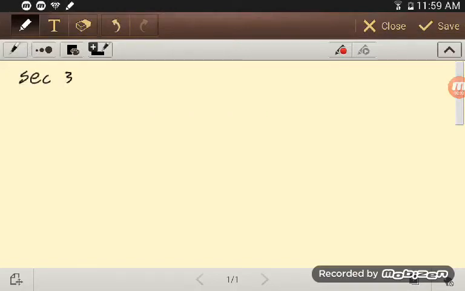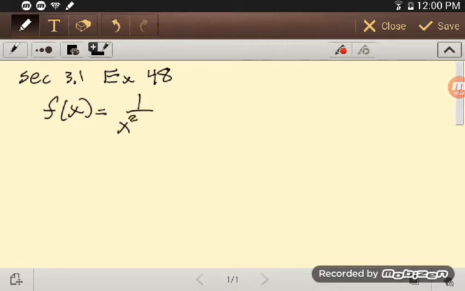Alrighty, section 3.1, exercise 48. And this again, another technology one. They would like us to work with f of x equal 1 over x squared plus 1 on the interval 1/2 to 3, closed interval.